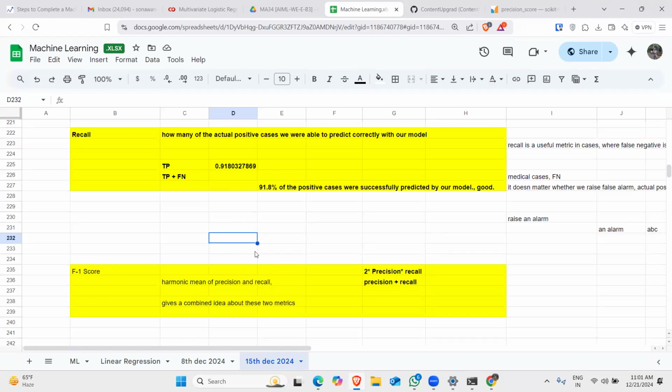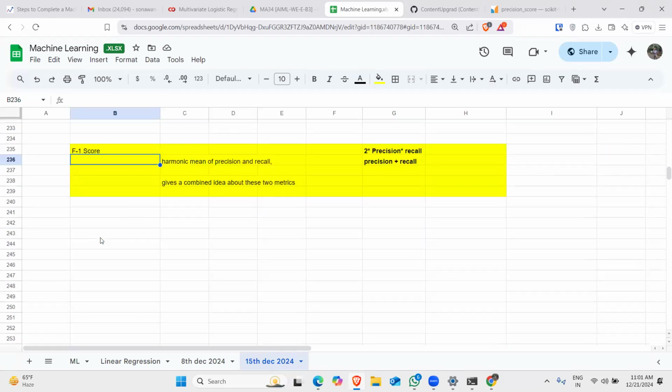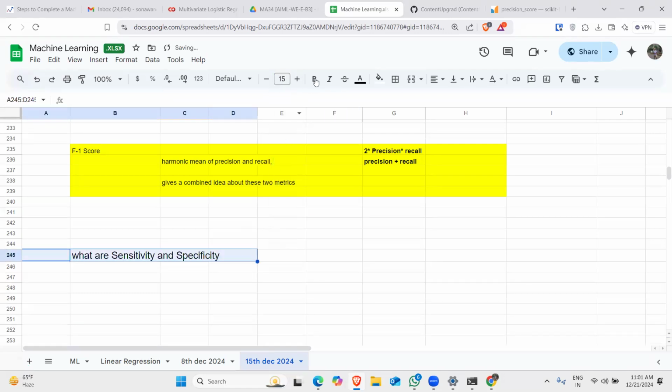Yeah, here we can do this. So we are interested to find the sensitivity and specificity. So let us give the heading as what are sensitivity and specificity. Let us put the heading as this, bold.